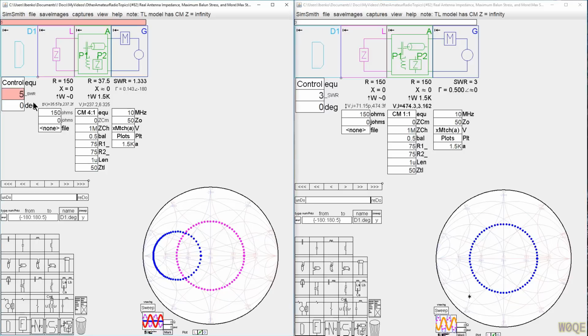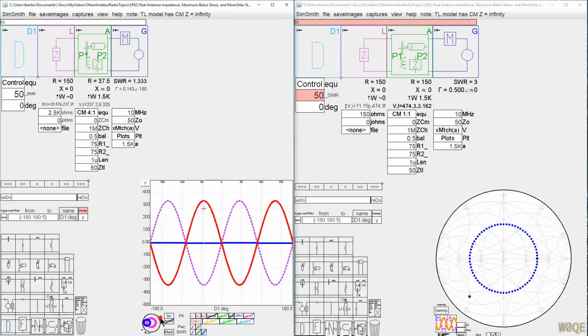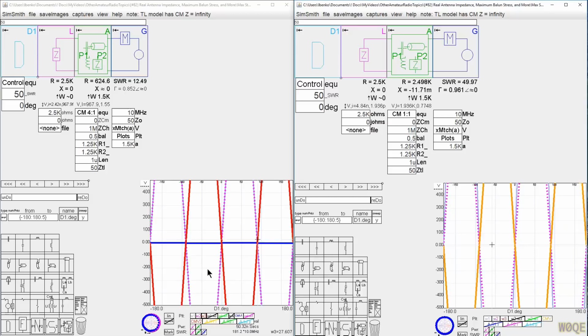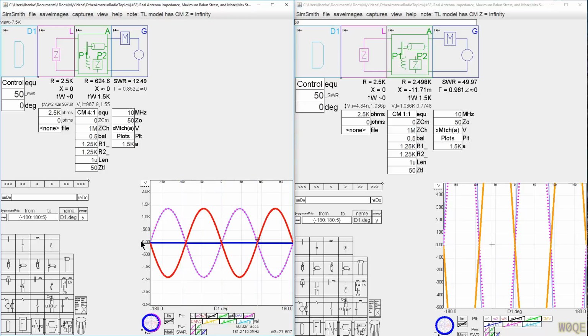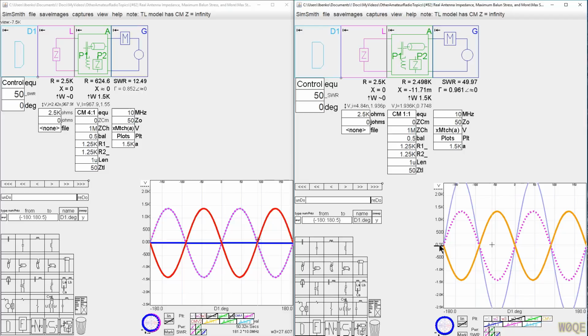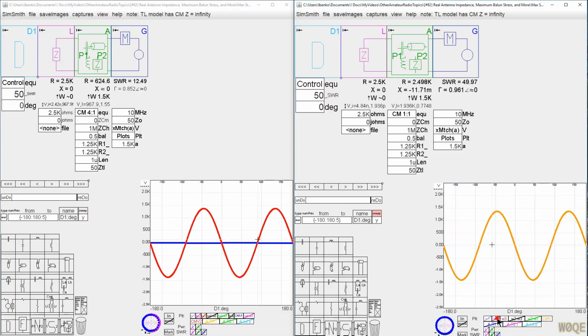So let's go to a 50-to-1 SWR on both of them, and let's look at the maximum voltages across the Baluns. Remember, we're looking at just the stress on the Balun.